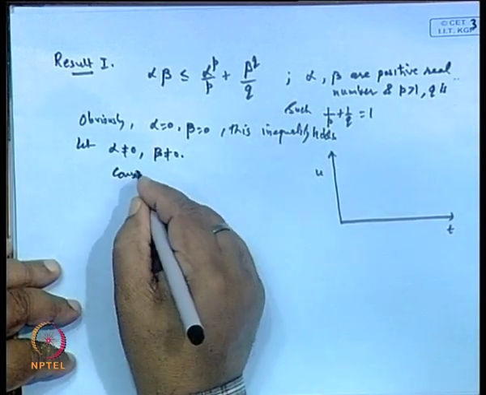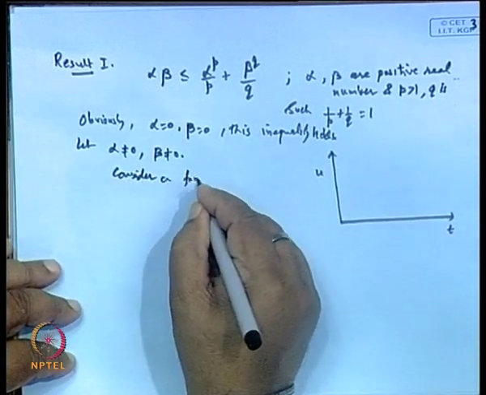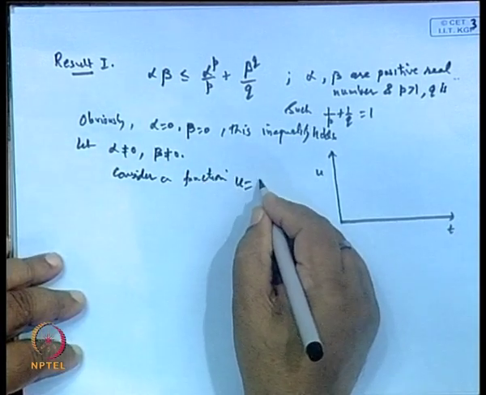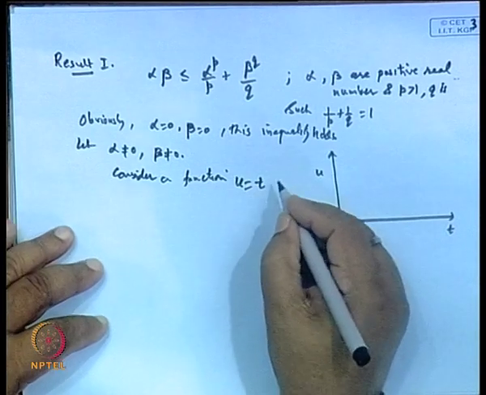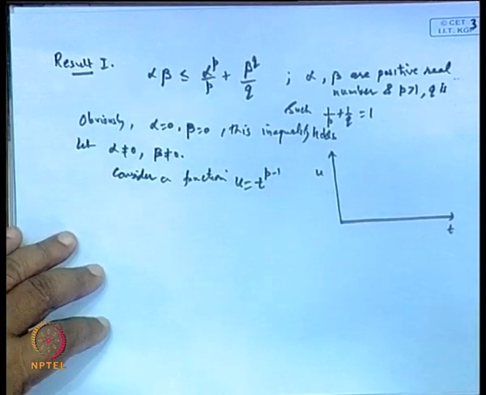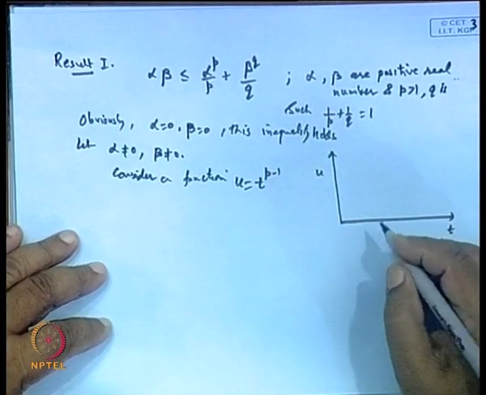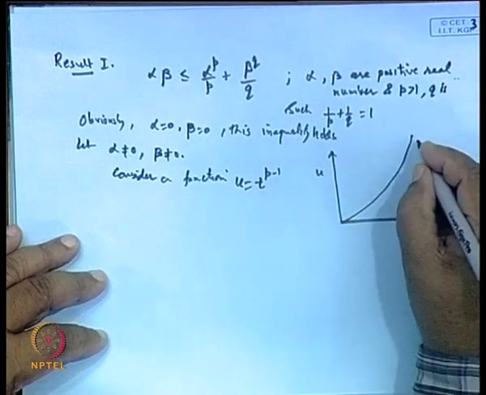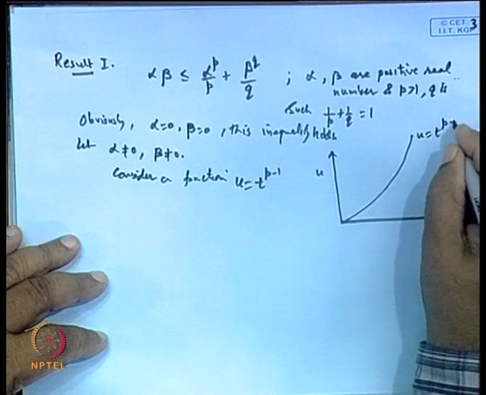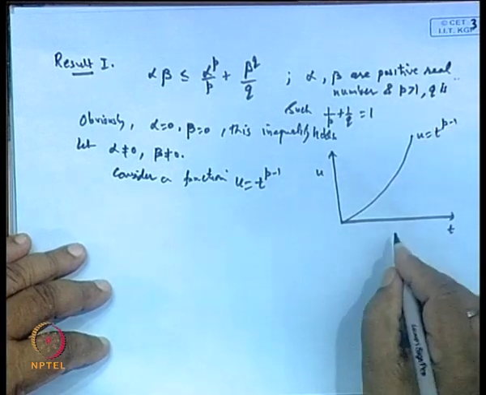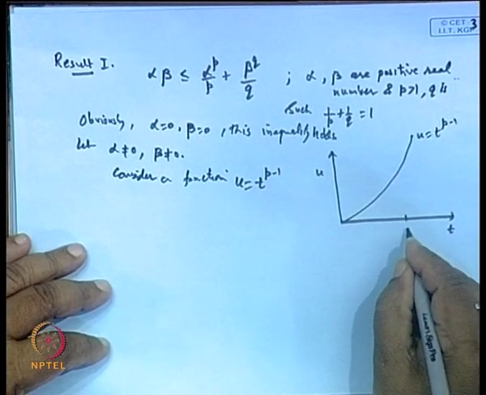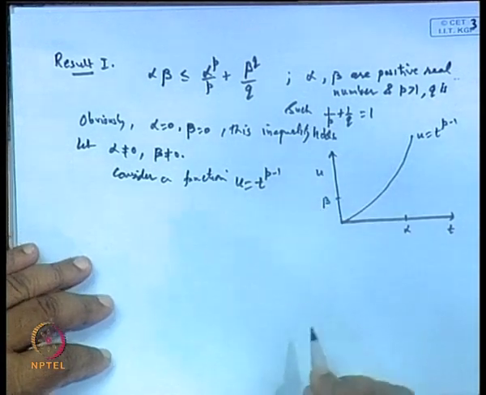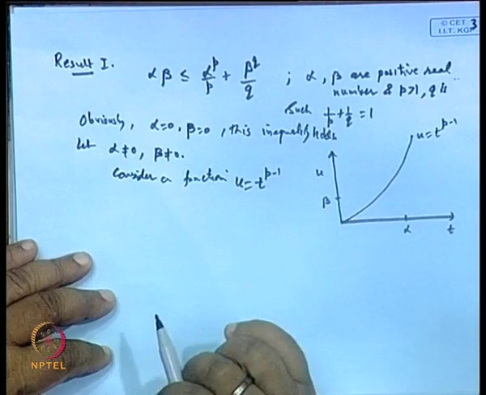So, consider a function u as t to the power p − 1. If we have this function, this is a continuous curve, maybe like this, u equal to t^(p−1). α and β: this is α and here is say β. So, α and β are the two positive real numbers.